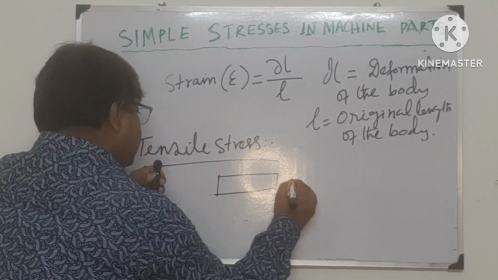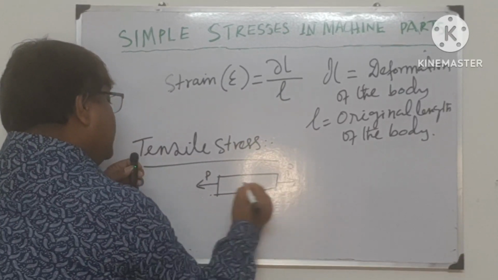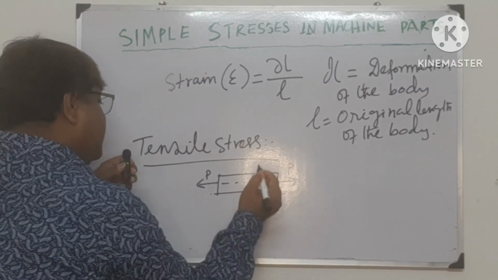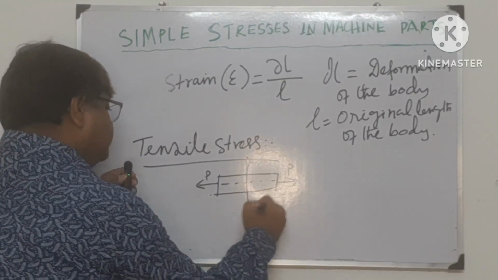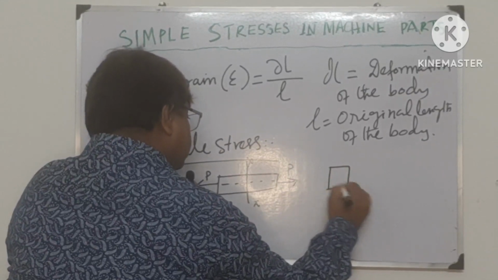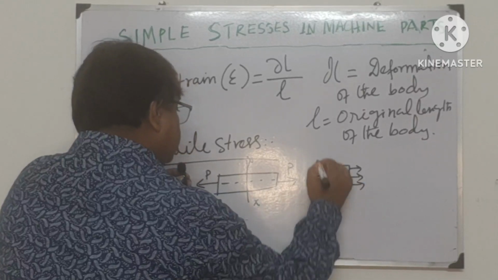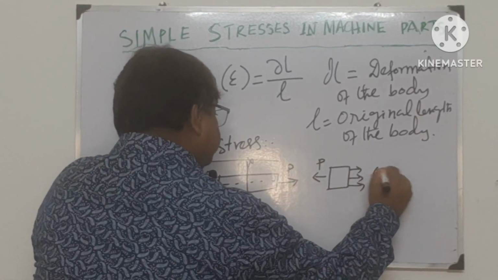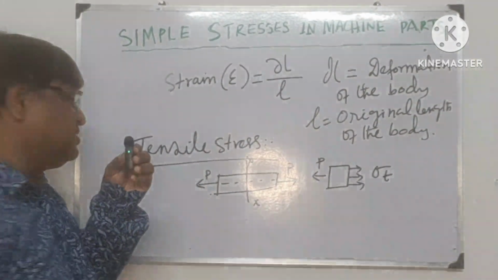When a body is subjected to equal and opposite axial pulls, then tensile stress is generated.